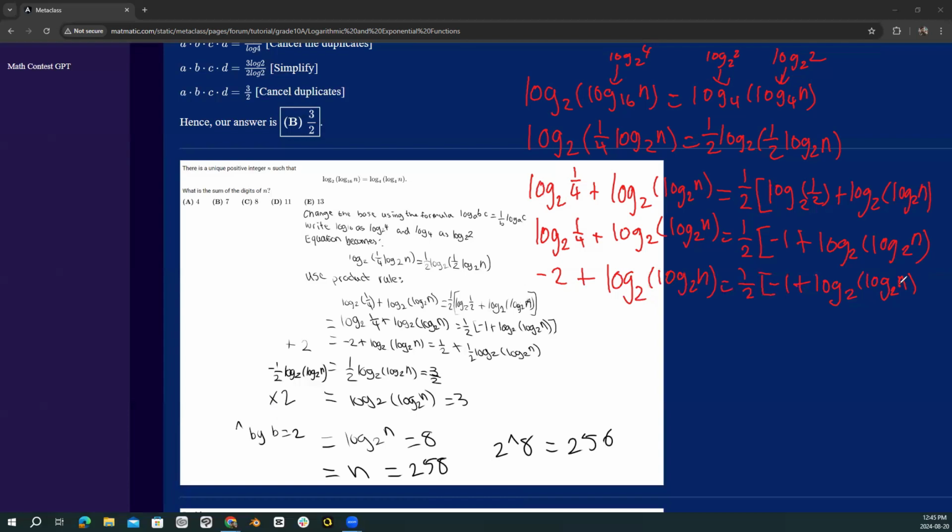First we can add 2 to both sides of our equation to get rid of this 2 here.